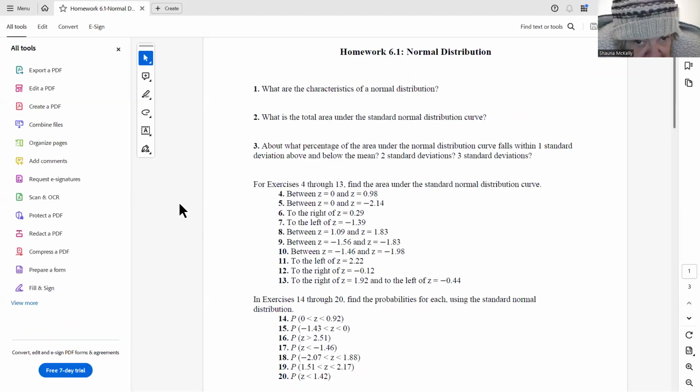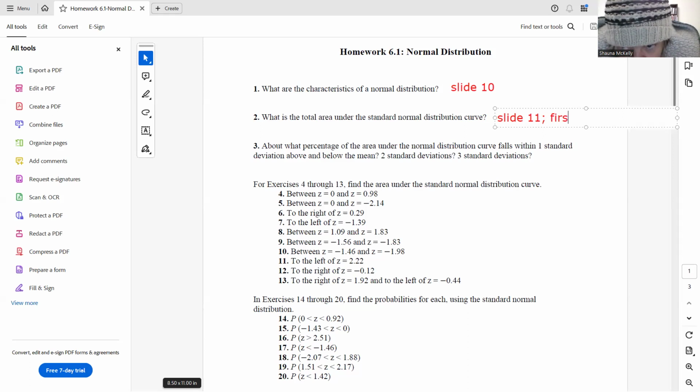Let me show you something. This is going to be slide 10. The total area under the distribution curve is on slide 11, and that's the first bullet. That's the first arrow that she talked about.